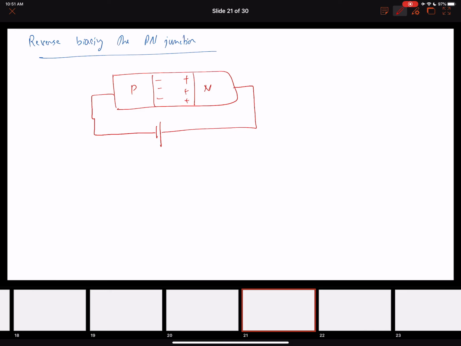Now the anode is connected to the negative terminal and the cathode is connected to the positive terminal. We saw that this is reverse biasing the diode, which is essentially a PN junction, so reverse biasing the PN junction.